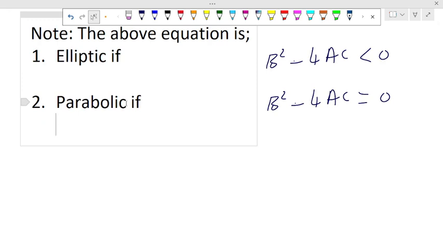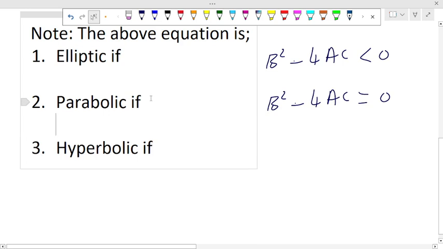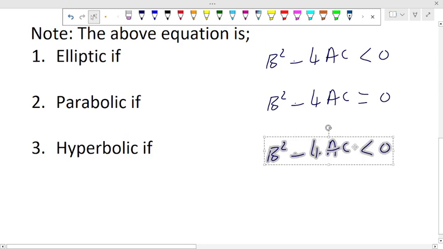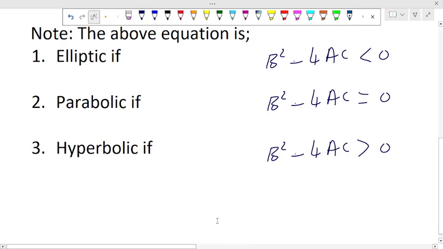Number 3 will be hyperbolic. Hyperbolic if b squared minus 4ac is greater than 0. So these are the three things you have to bear in mind.